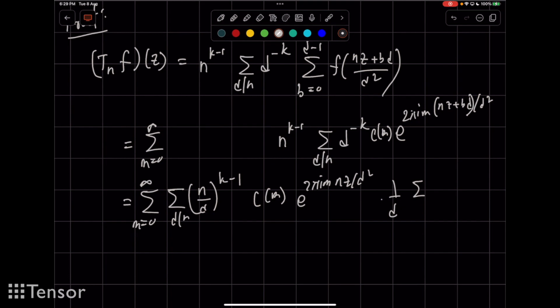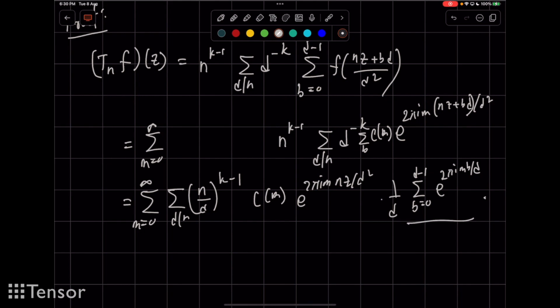Where did the b sum go? Yeah, there's a b sum. Sorry. This b sum goes from b equals 0 to d minus 1, and this is e to the 2 pi i mb over d. I hope now it's correct. There was a b sum here which I missed while copy pasting.